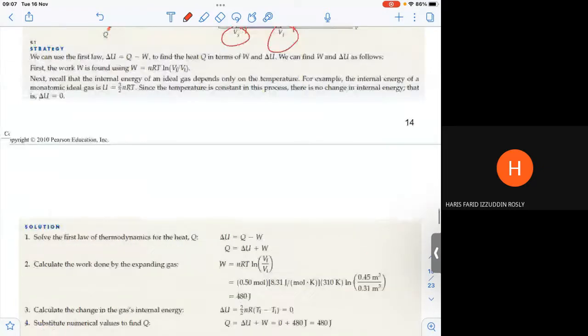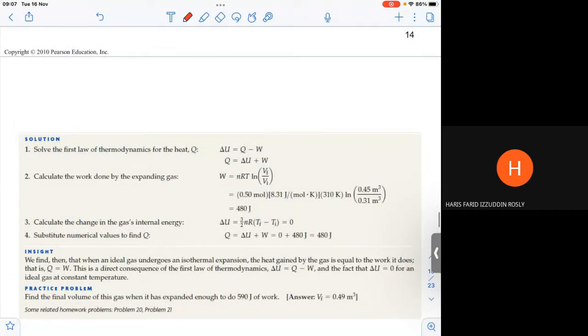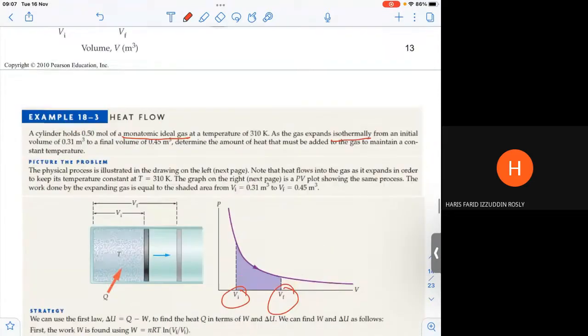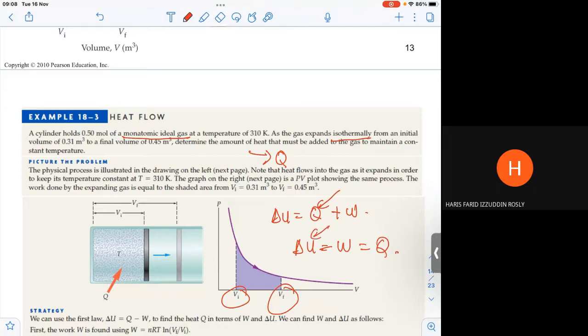First of all, we need W. They want us to calculate the amount of heat, that means Q. We know delta U equals Q plus W. So delta U minus W equals Q. We need to know delta U and W. W can be calculated from the area under the graph, while delta U, you need to use some equations.